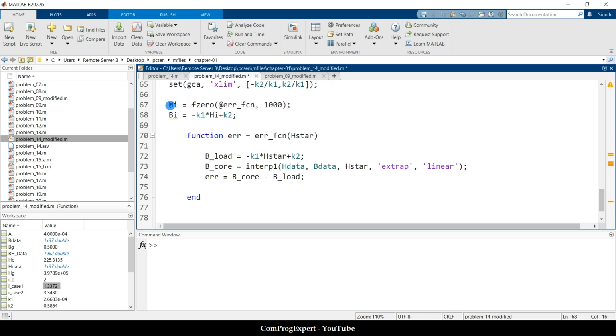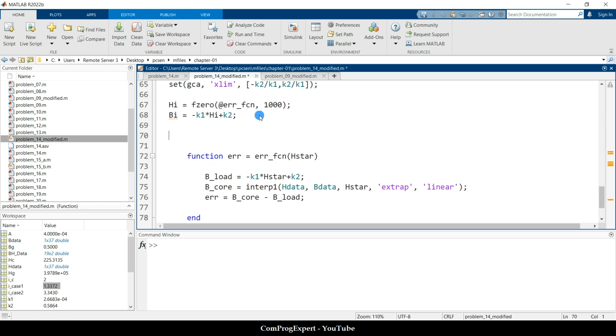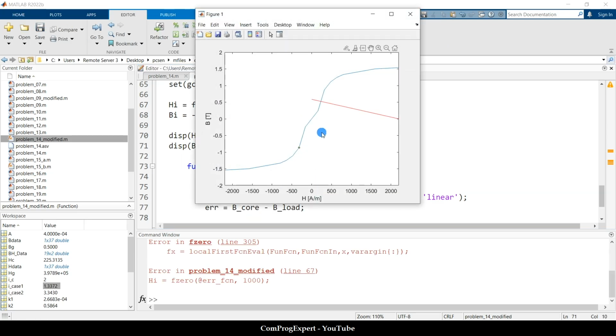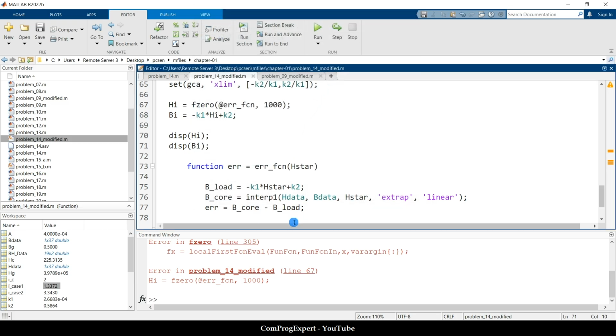Yes, we use the fzero function to find the root. Then we calculate the HI and BI. Then we can display HI and display BI. So let's run the code. What is the error?